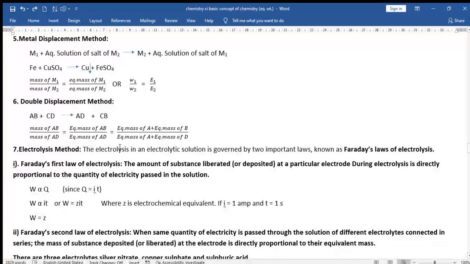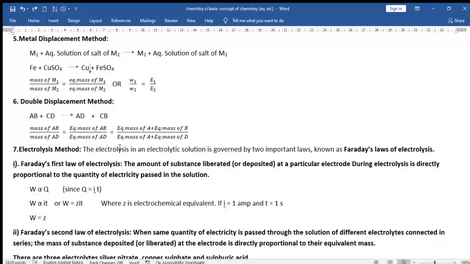The next process is the double displacement method. In this method, as all of you know, when some chemicals react together, they interchange their radicals and form new compounds. Whenever substances react together, they always react in their gram equivalents.